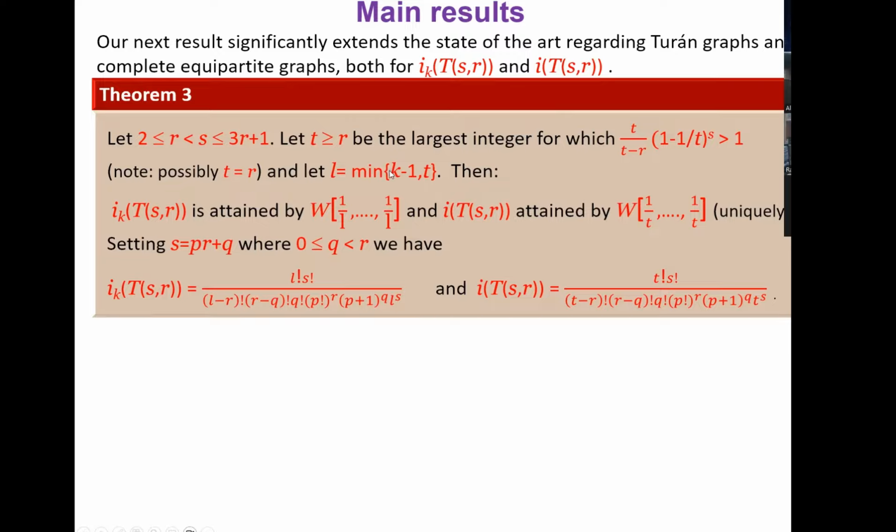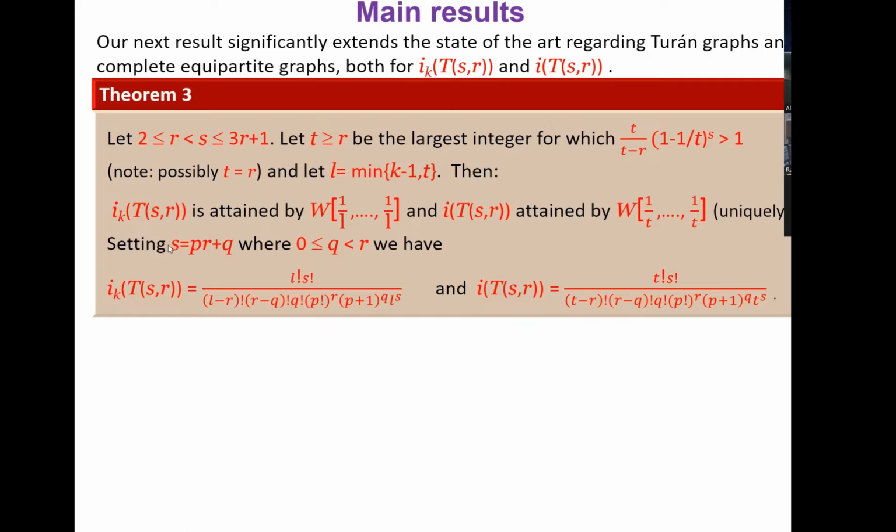And if you don't allow K_{L+1}, where L plus 1 is less than T, then the answer would also be a balanced partite graphon. And once we know that, we can actually compute the values.